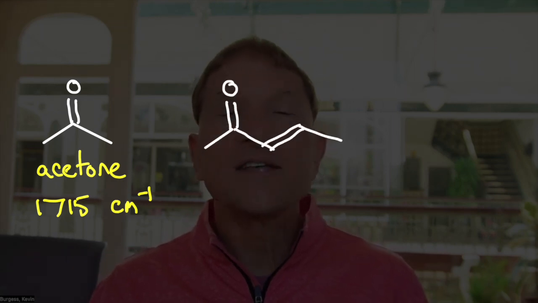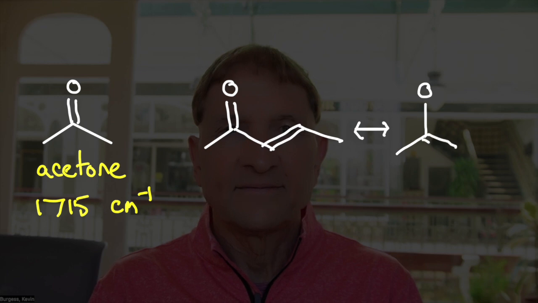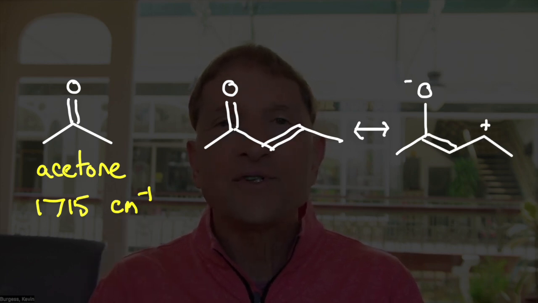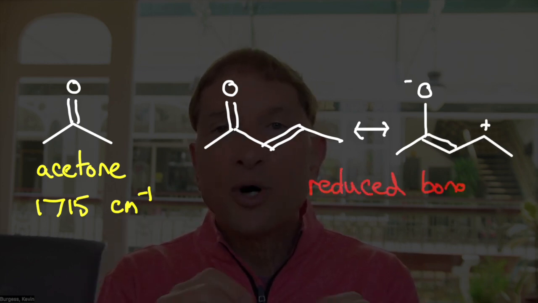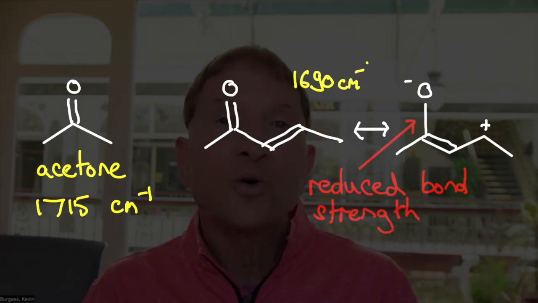Where does the C=O stretch of acetone come relative to compounds with that carbonyl conjugated to something else? To think this through, consider this alpha-beta unsaturated ketone. Conjugation reduces the C=O bond strength, and sure enough, it resonates at lower wave numbers.